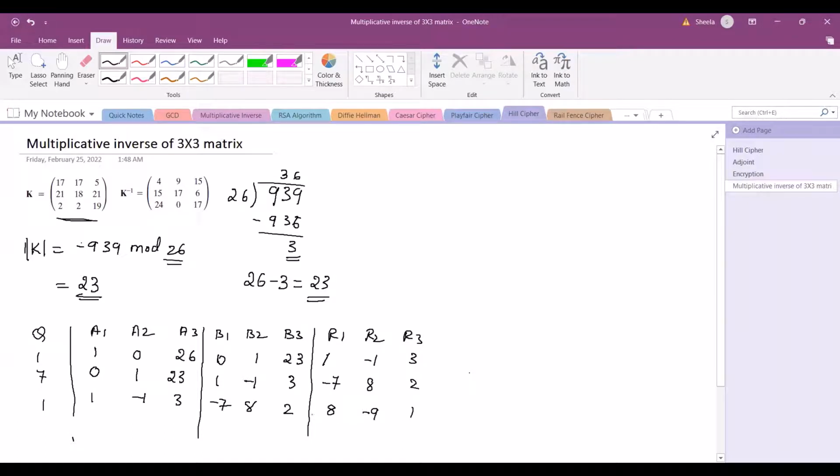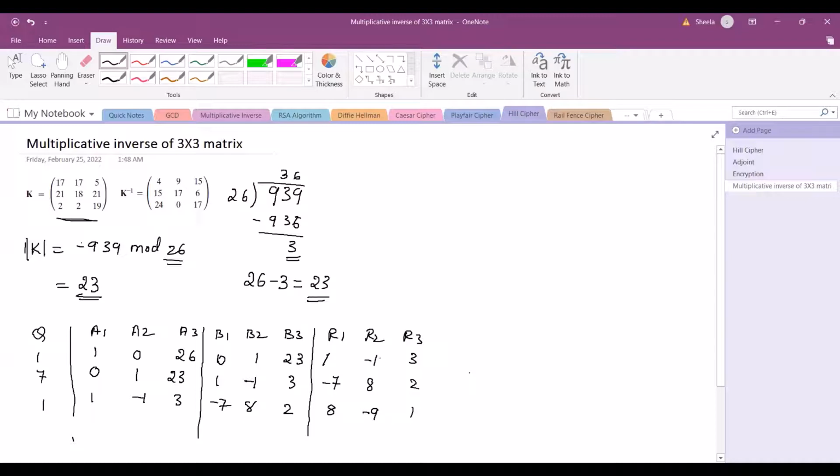One thing you have to observe carefully: whenever we are using the extended Euclidean algorithm, the signs of R1 and R2 keep alternating. In the first row, R2 will be negative, in the second row, R1 will be negative, and in the third row, R2 will be negative.